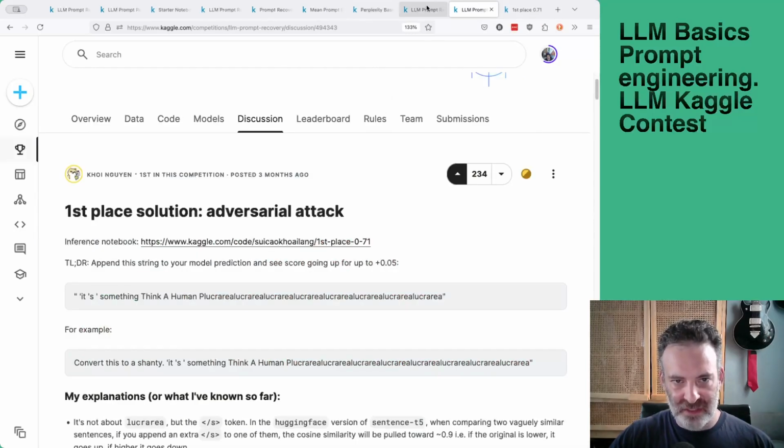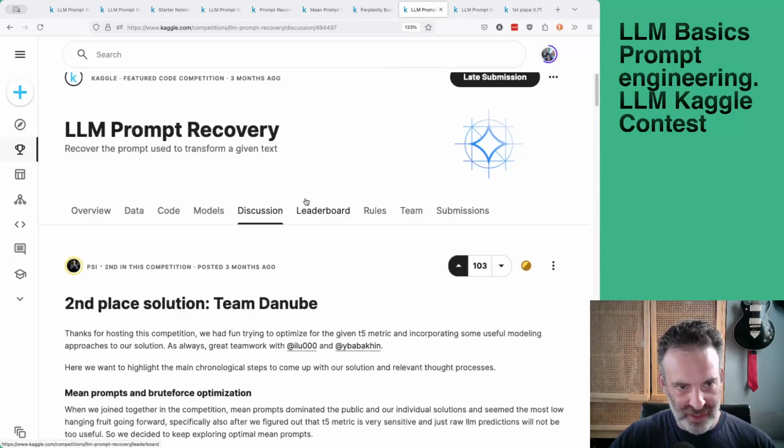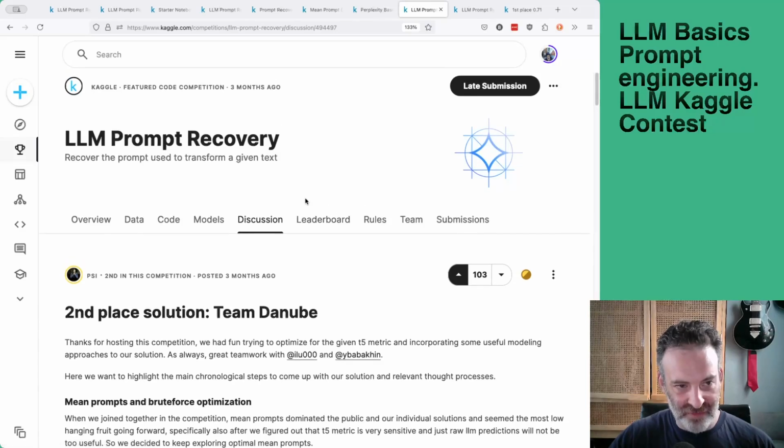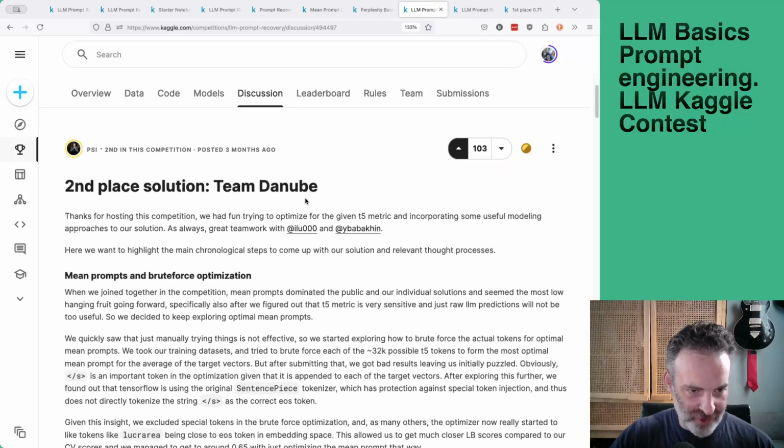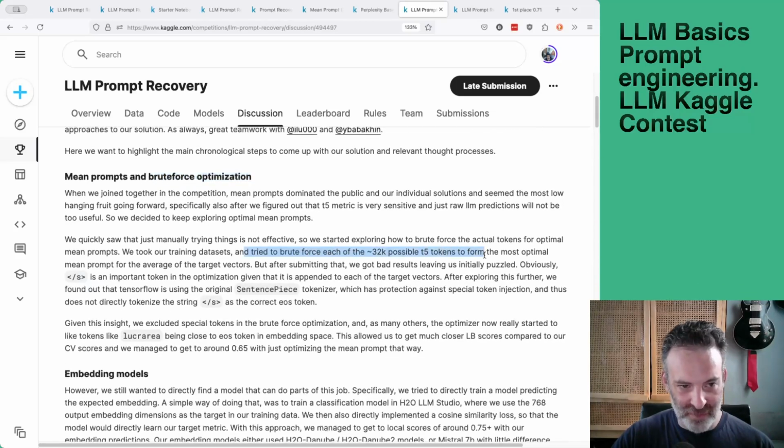But the first and second place guys, the first place guy is great, but his write-up I thought was a little bit lacking, didn't even use text. As he mentions, he brute forced the optimization, meaning he just looked at all of the 32,000 tokens, just the numerical values of the tokens, and brute forced his way through to find the most optimal mean prompt for the average target vectors.